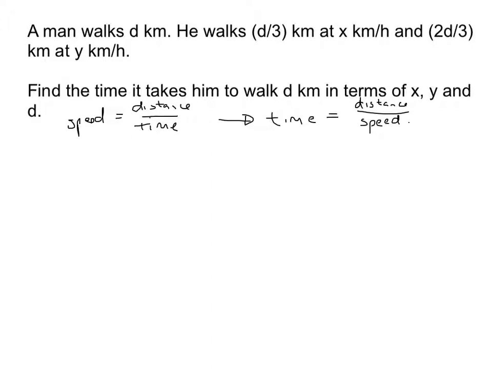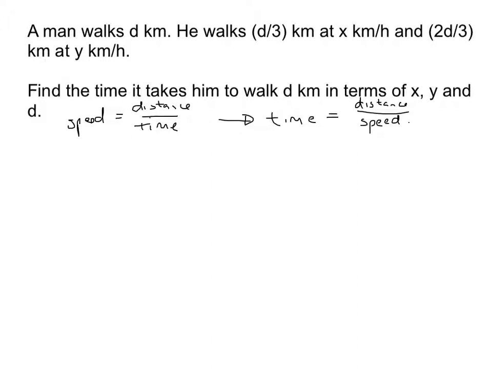For the different parts of this question, we'll be using a combination of these two variations of the speed equation. So for total time, it's going to be total distance divided by the speed travelled. Because we have two different speeds, we will need a little sum.